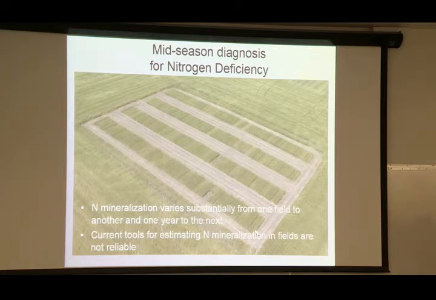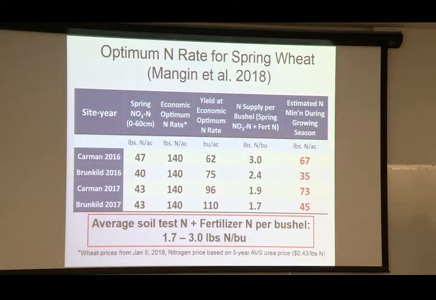Is it possible in the mid-season to get a look at a crop and find out how it's doing in terms of its N sufficiency and come in and mitigate if needed? That's what we'd like to do. Those are those same crops that we were showing the imagery and the data for.